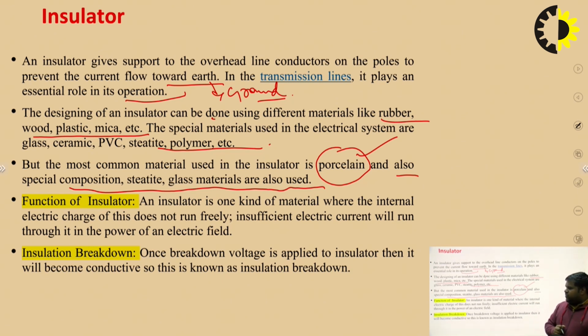And if we see the function of an insulator, an insulator is one kind of material where the internal electric charge does not run freely. So insufficient electric current will run through in the presence of an electrical field. So this is the function of an insulator.